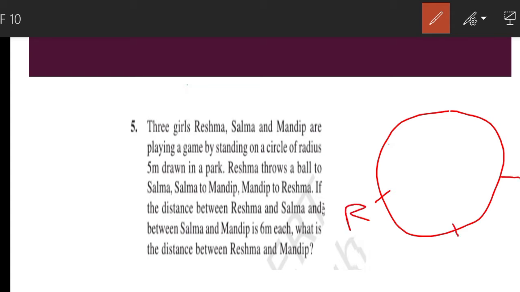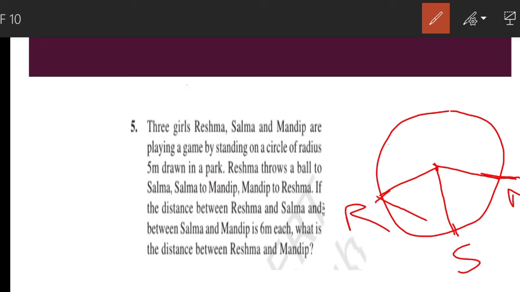R, S, and M stand for Reshma, Salma, and Mandeep, and their distance from the center is 5 meters. Each is 5 meters.